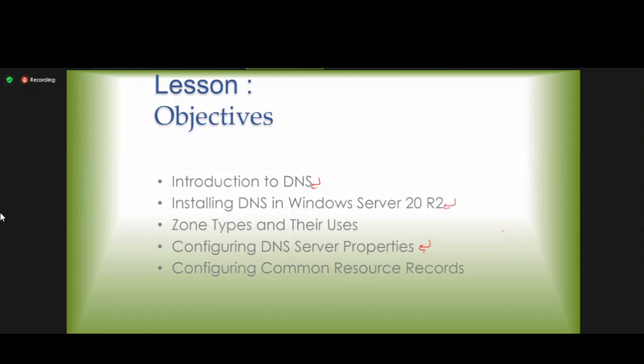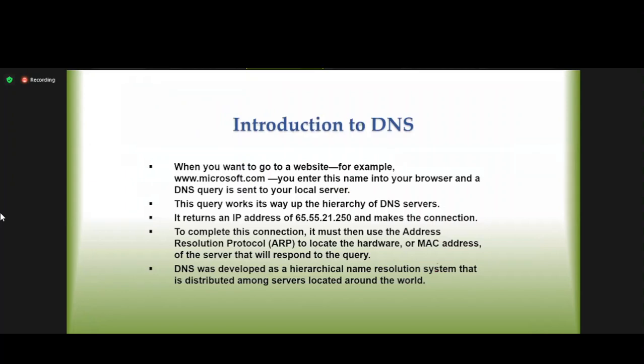I'm not going to go too fast, but just try to follow the instructions. Then I can tell you how to configure DNS properties on your server 2, because you haven't configured anything yet for DNS. You just installed it, right? Then configure common resource records, which is part of DNS.